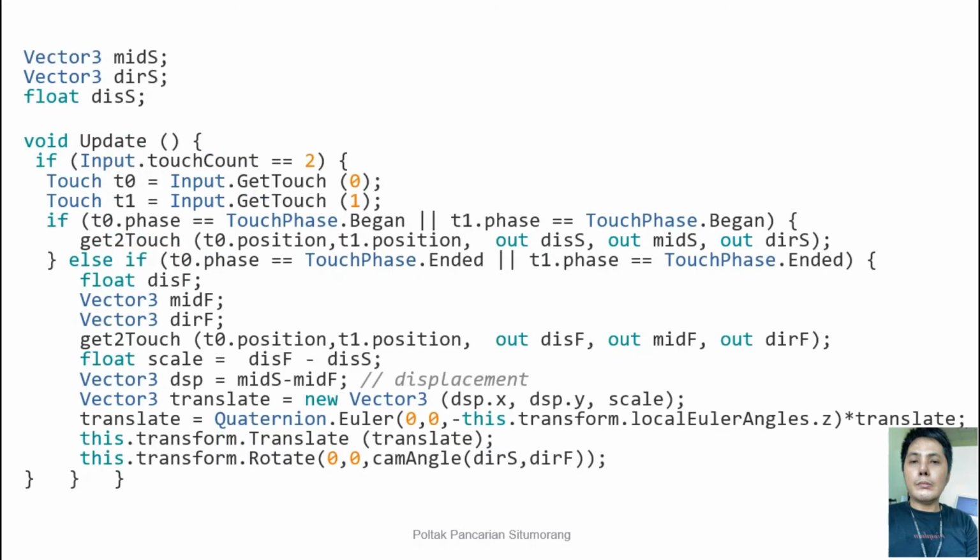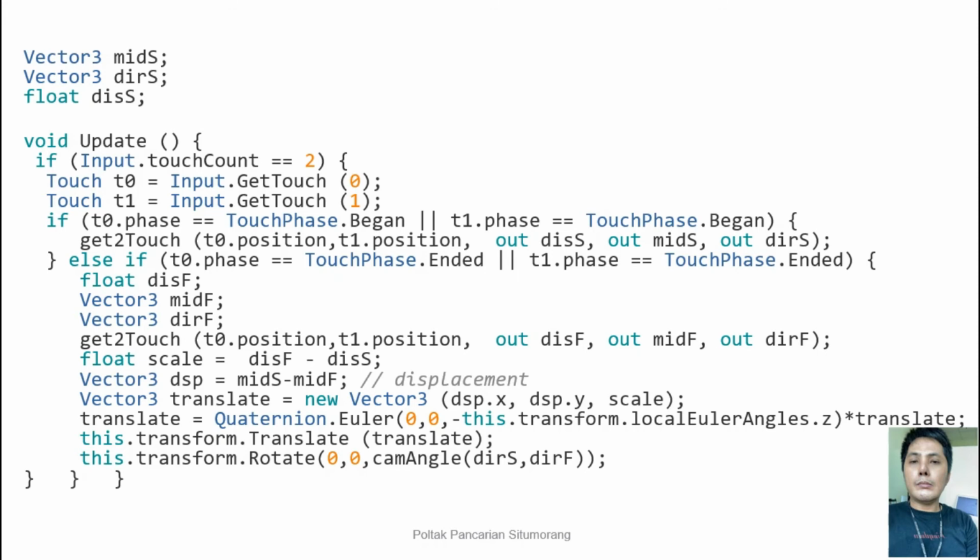midS, dirS, and disS are used to store the midpoint, direction, and distance for the start location of the two fingers. When two fingers are on the screen and one finger begins a move, we record midS, dirS, and disS. disF, dirF, and midF are the midpoint, direction, and distance for the final location of the two fingers. We obtain these values when either finger ends a move.